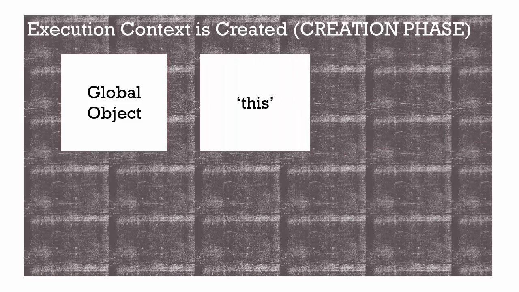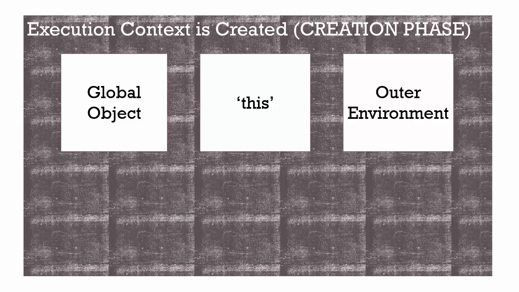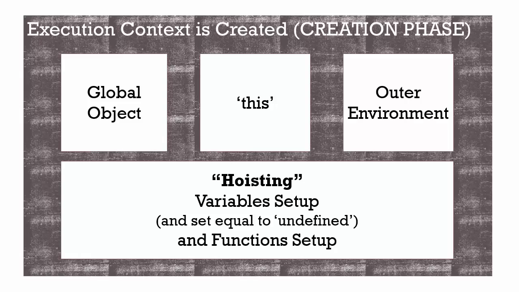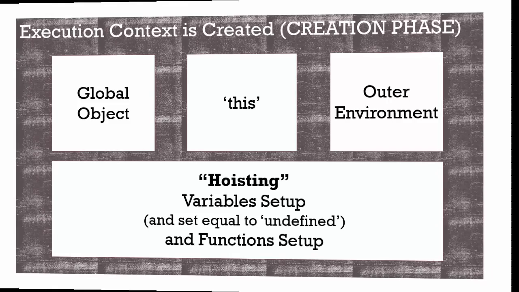There's a special variable called this, which is always created. There's a reference or a link to the outer environment if there is one. And this phenomenon called hoisting, where variables are set up and functions as well. And in the case of variables, they're initially set equal to undefined. But what do we mean by that?